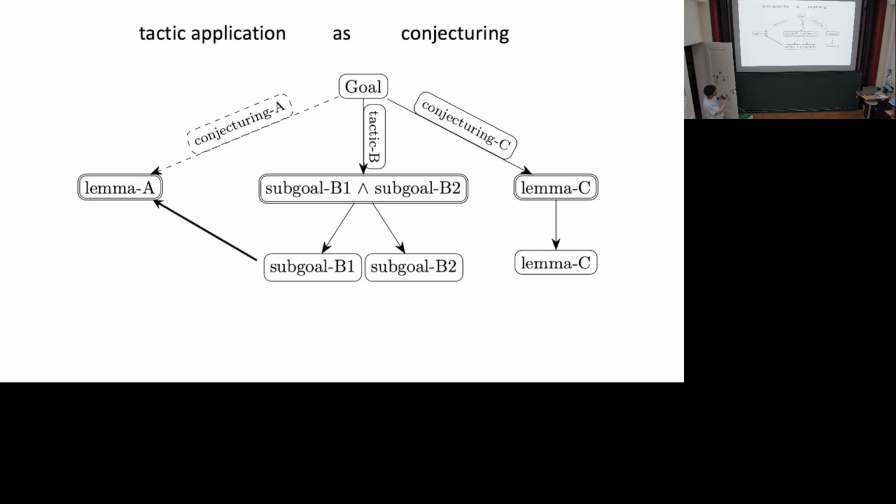So in terms of graphical representations, it corresponds to that situation where lots of nodes point to a lemma that describes commutativity. But this is not a tree anymore, right? It's a graph. So we are sort of shifting the understanding of proof development from tree search to graph expansion.